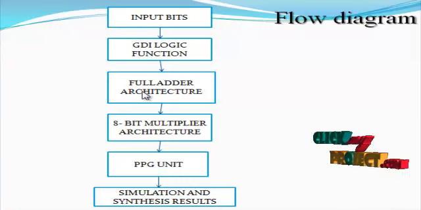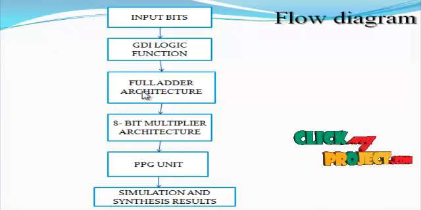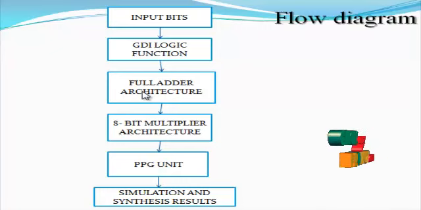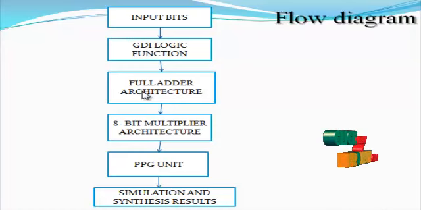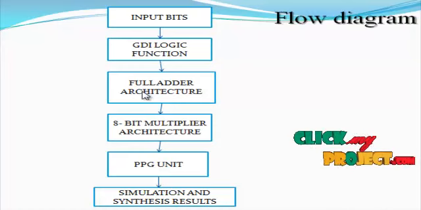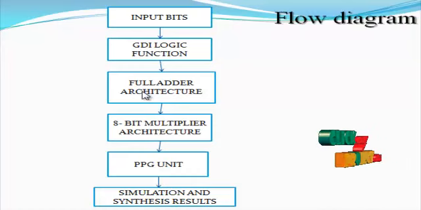This full adder architecture is mainly developed with 2 XOR gates and one 2-input mux function. These mux functions are selected by the carry selection process, and the result is applied to the full adder carry functions.